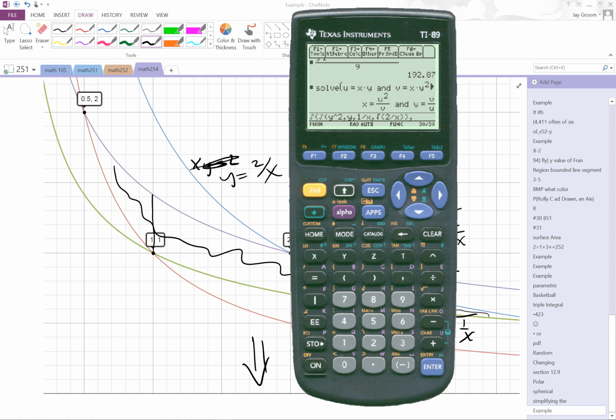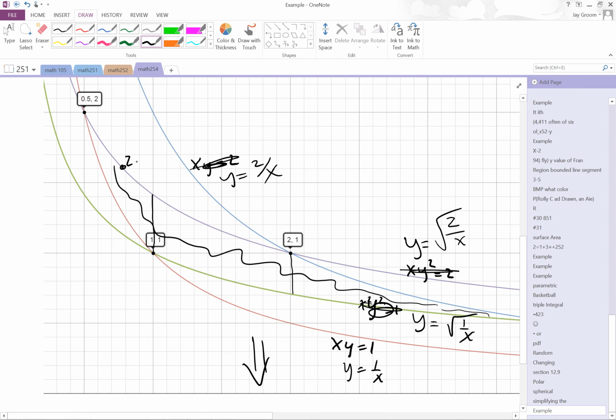And then I want to do with respect to x from 0.5 to 1. That's 0.28-ish. Okay? All right, next region.